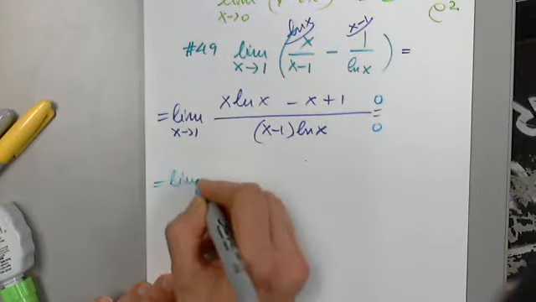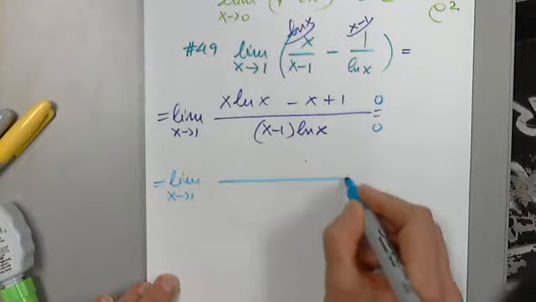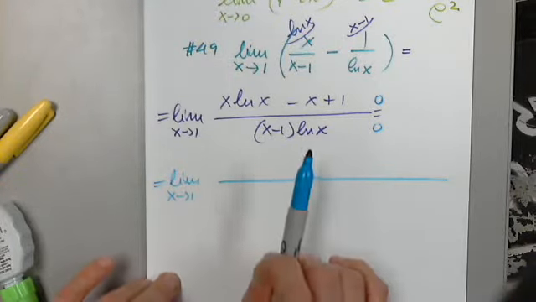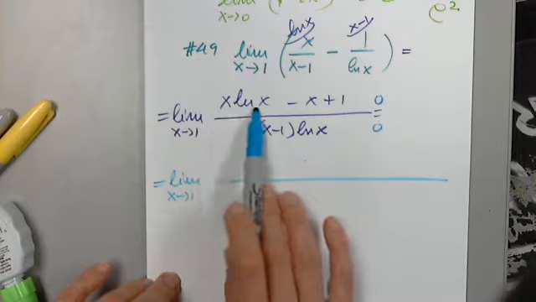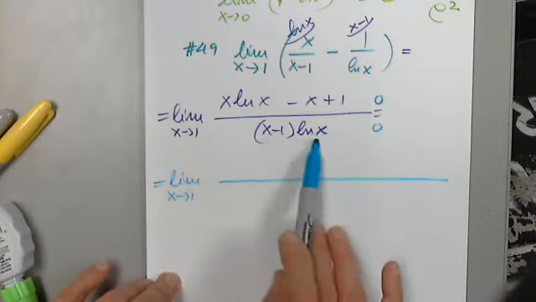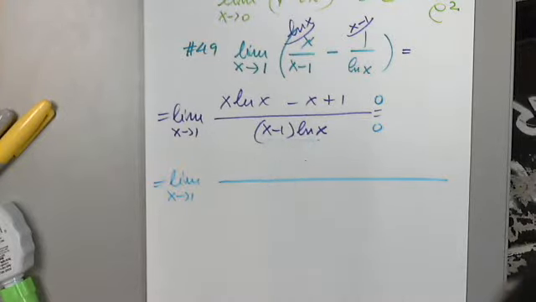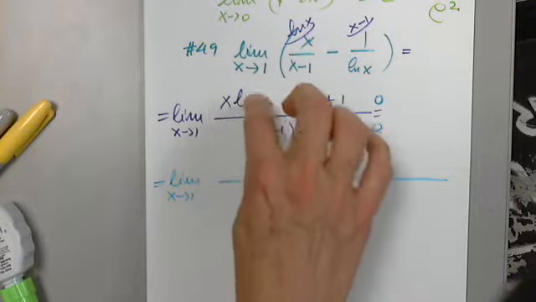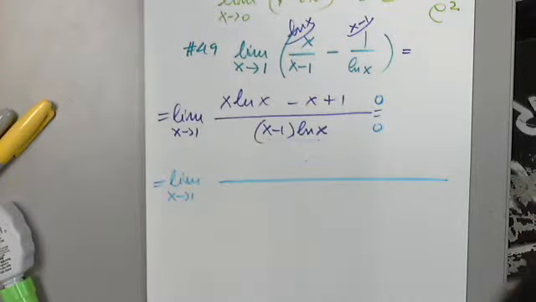Nice. So I can apply L'Hopital's rule, but I have to be very careful because I have a product here and I have a product here. So the fact that we are allowed to differentiate the top and differentiate the bottom inside the limit that is 0 over 0 does not waive us from using the product rule when product rule is applicable.